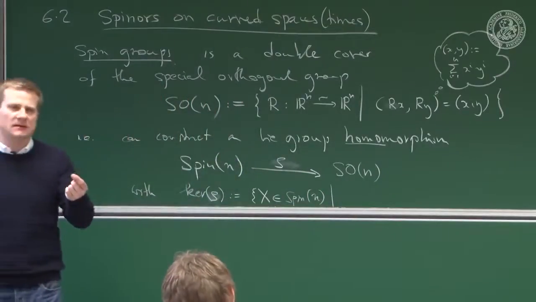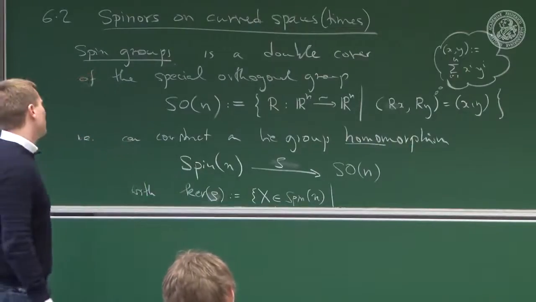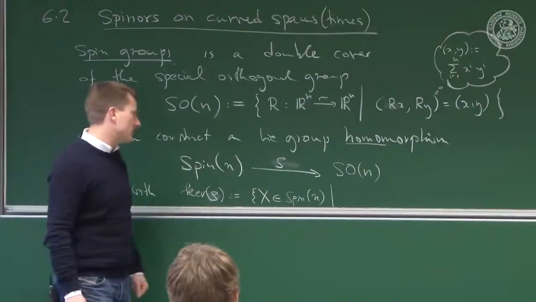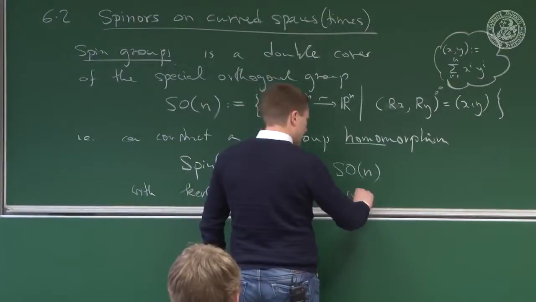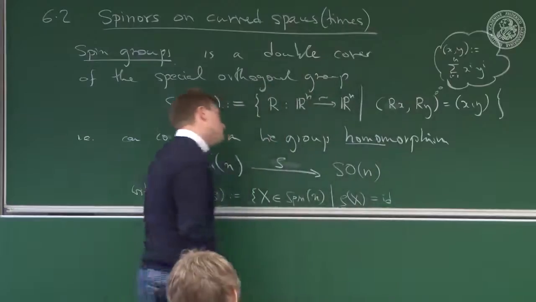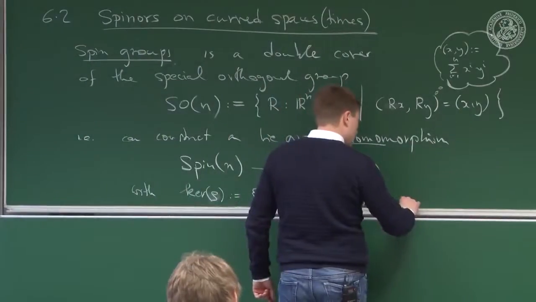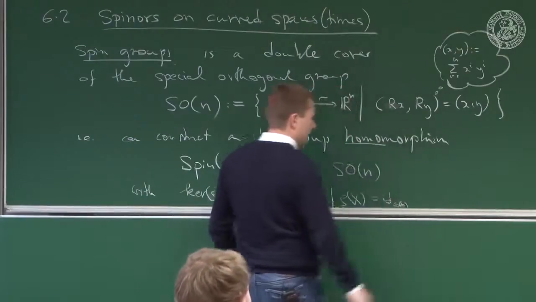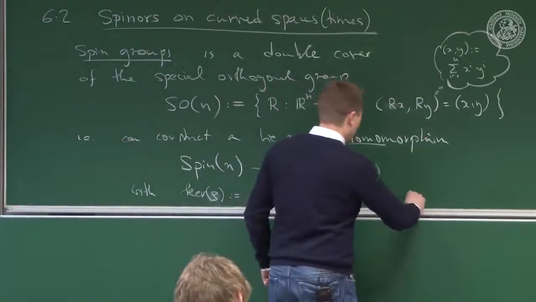Well, 0 is the neutral element of the group operation on a vector space, and that's the addition. Here the group operation is a different one. In any case, we want all those in the domain that are mapped to the identity in the target, to the neutral element in the target. In a group, the neutral element is the identity.